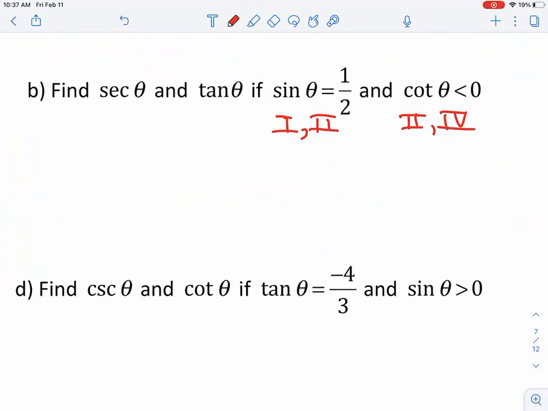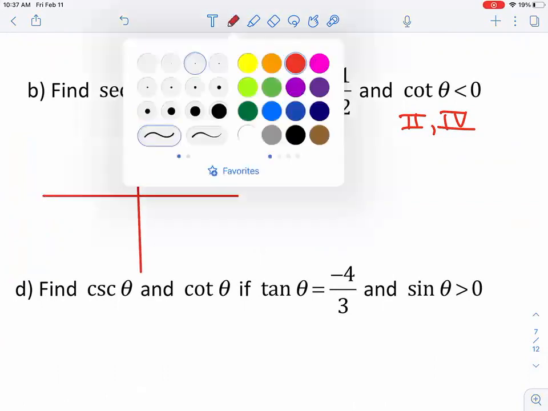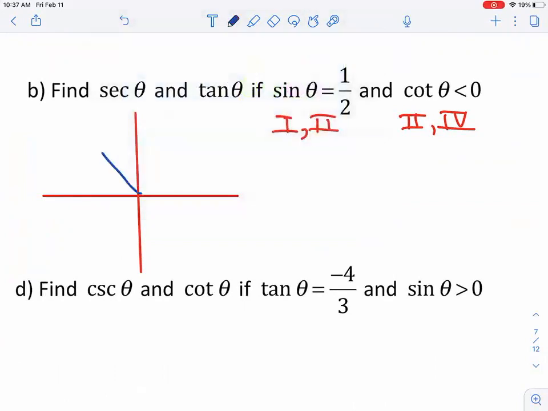Therefore, angle theta has to be in quadrant 2. Okay, theta has to be in quadrant 2 from the given information.